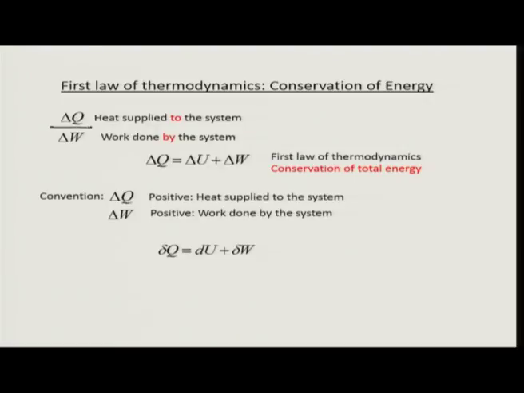Delta Q is the heat supplied to the system, delta W is work done by the system. So, delta Q should be equal to delta U plus delta W. So, whatever heat I supply to the system will be used in two forms. One is the system will do some work. So, this is the work done by the system, as I have written already.